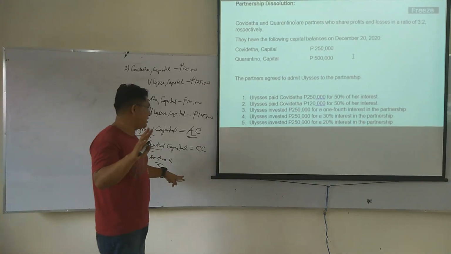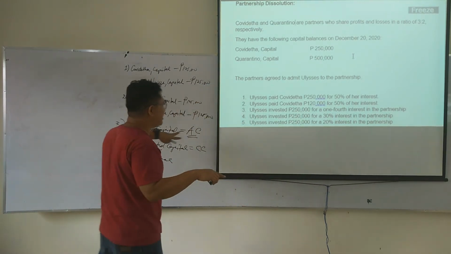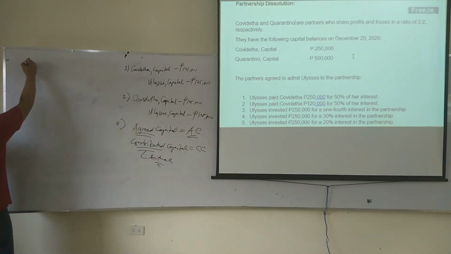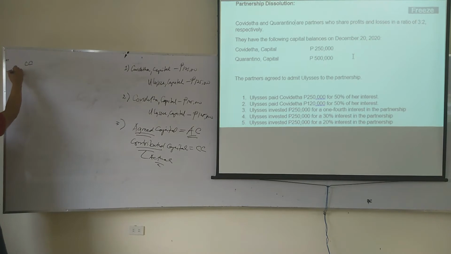So case 3, 250,000 for a 1/4 interest. So we have here contributed capital, CC, contributed by Cobilita, 250,000, Quarantino, 500,000.